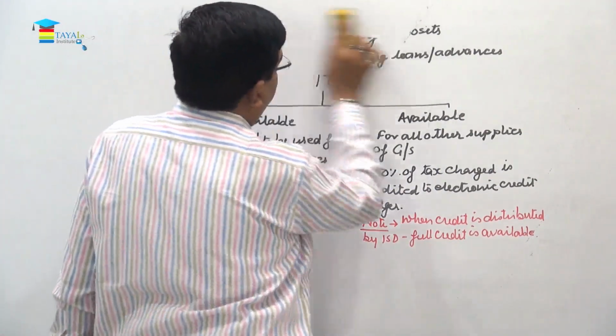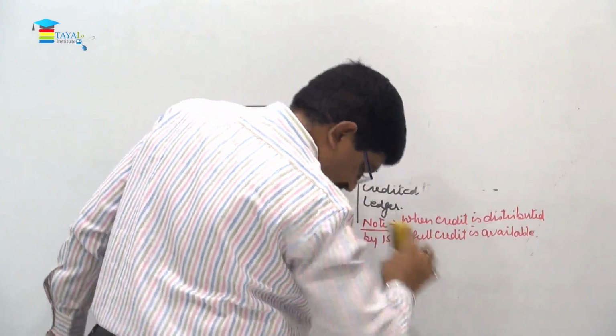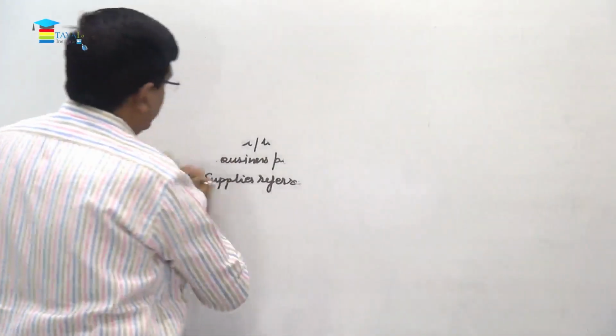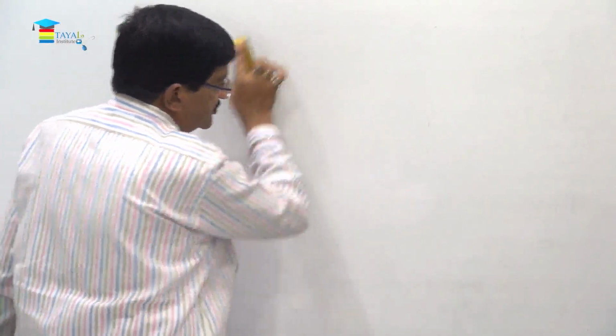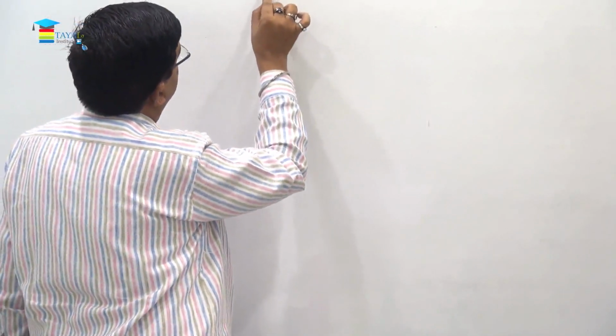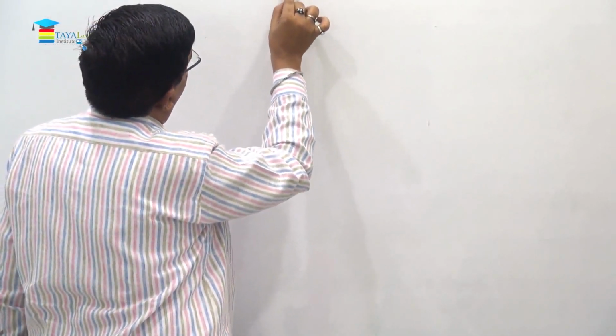Now as far as rule 42 is concerned, that is in relation to inputs and input services. Rule number 43 is in relation to capital goods. So here we have rule 42.